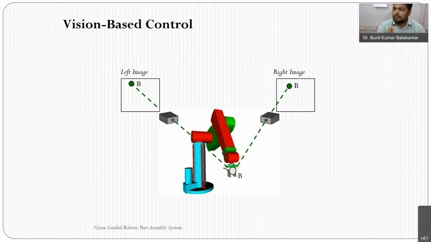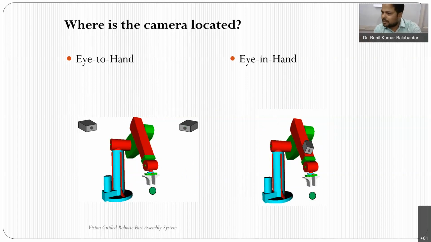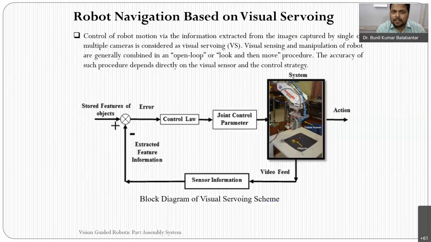There are basically two varieties of mechanism: one is image-based control, another is position-based control. We have already discussed eye to hand and eye in hand. So this is the overall robot navigation system under the visual servoing technique.